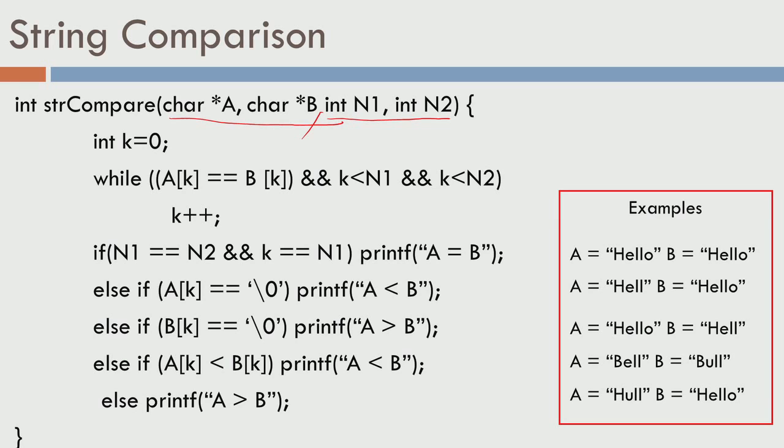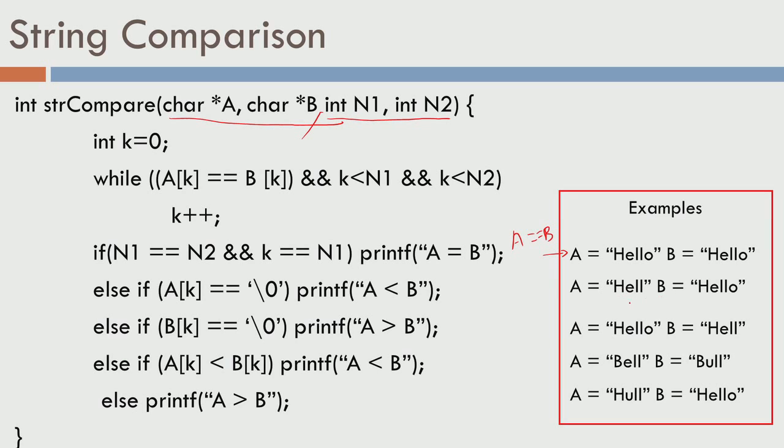Let us look at the examples on the right side. If A is HELLO and B is HELLO, then A is actually equal to B. In the second one, A equals hell and B equals hello.